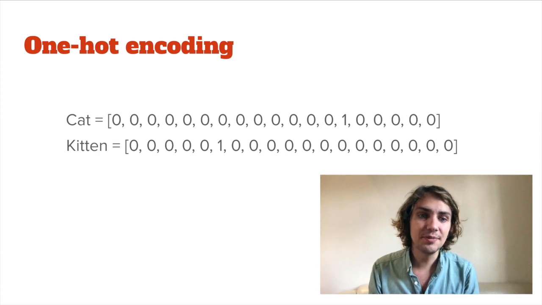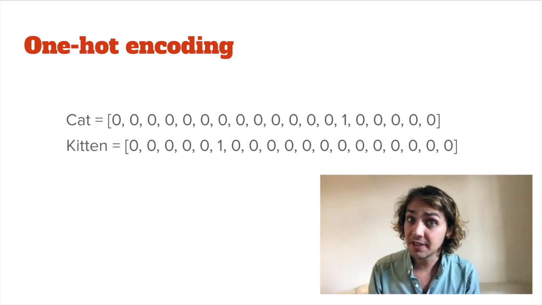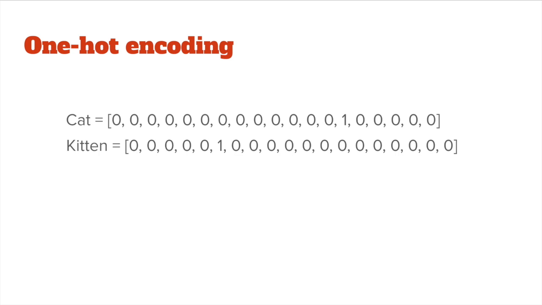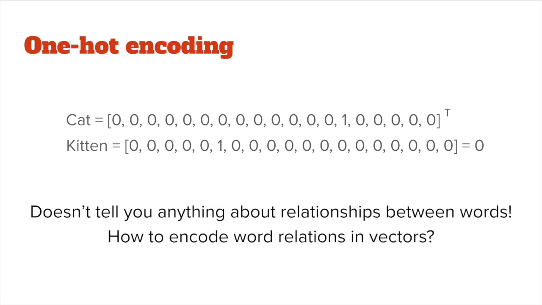For instance, couldn't we calculate the dot product? But that's actually something you can't do because there's no notion of similarity between these two vectors. So this representation doesn't really tell you anything about the similarity between words. So the question becomes, well, how can you encode word relations in these vectors?